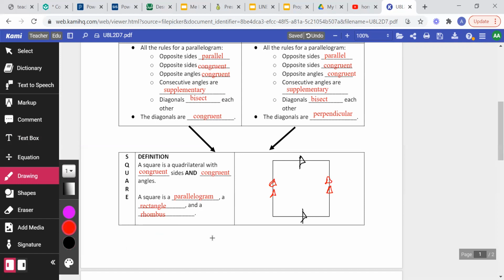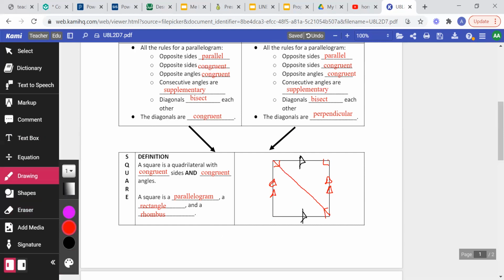And in a rectangle, we say all angles are congruent. And we know in a square, all the angles are congruent too, because each of these angles is 90 degrees. And we also said in a rhombus, the diagonals are what? Perpendicular.